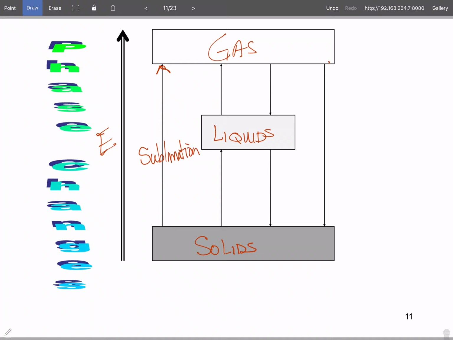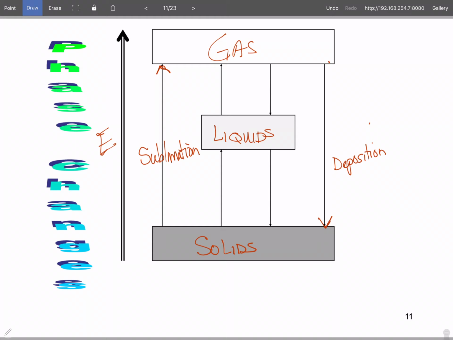If, on the other hand, we go from the gas down to the solid, we call this deposition. It's getting late, guys. I knew when I wrote that it was wrong. Okay, so we've got sublimation, we've got deposition, moving from solid to gas or gas to solid.